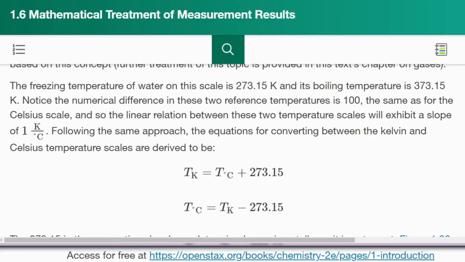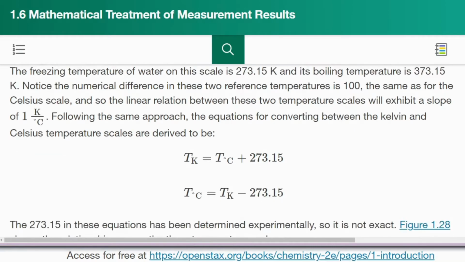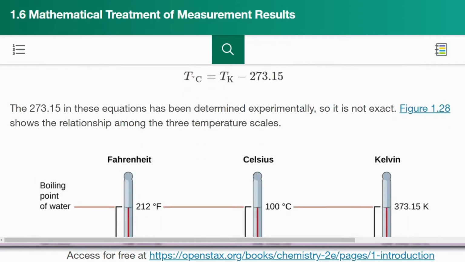Following the same approach, the equations for converting between the Kelvin and Celsius temperature scales are derived to be: temperature Kelvin, T sub K, is equal to temperature in degrees Celsius plus 273.15, or temperature in degrees Celsius equals temperature Kelvin minus 273.15.